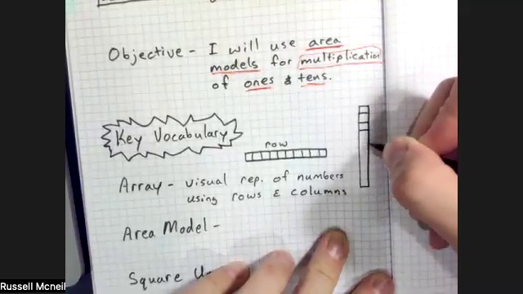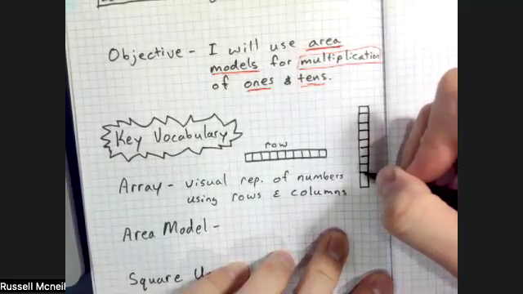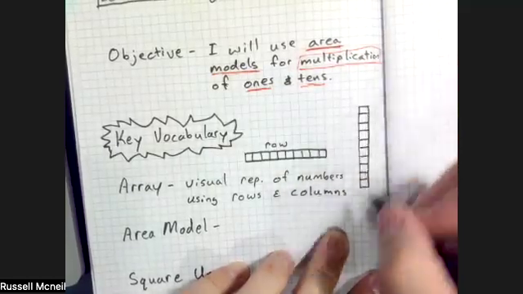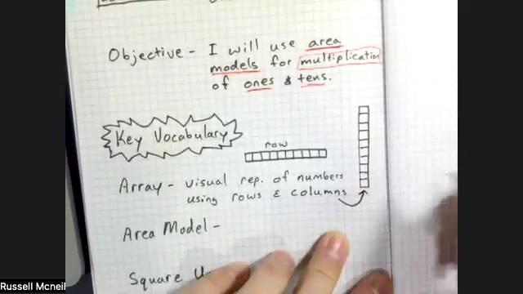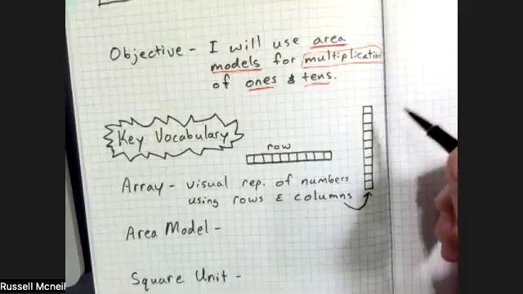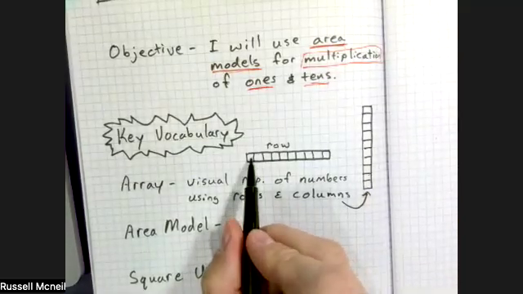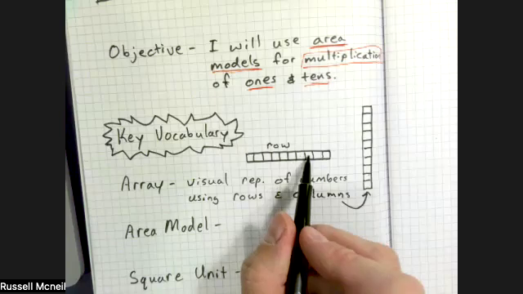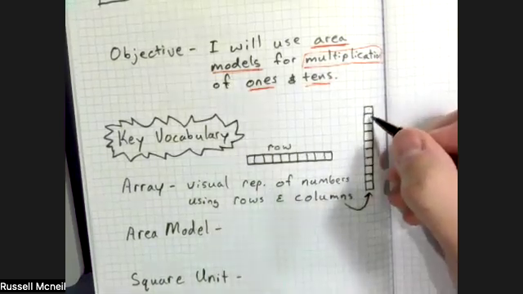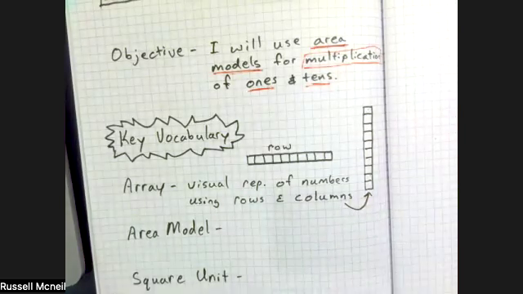Here's an array that is vertical. It goes up and down, and we would use the term column to describe it. So we've got rows, we've got columns. In this representation, we should have 10 boxes. 1, 2, 3, 4, 5, 6, 7, 8, 9, 10.